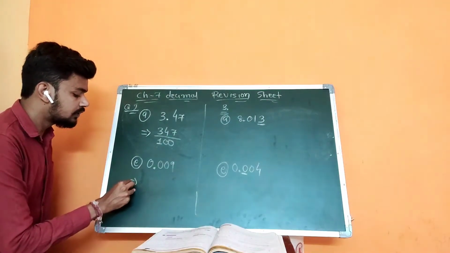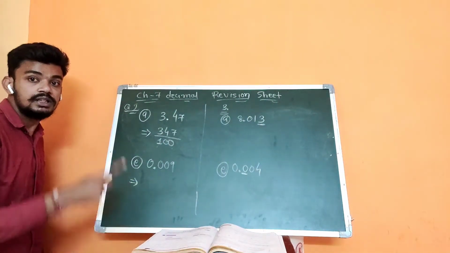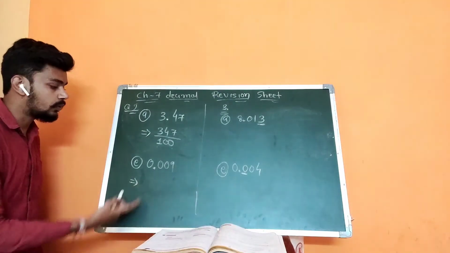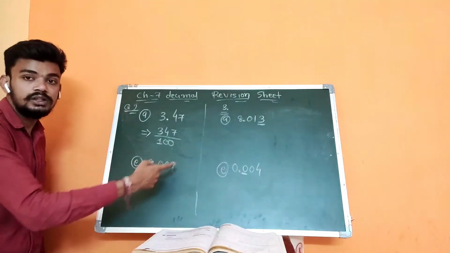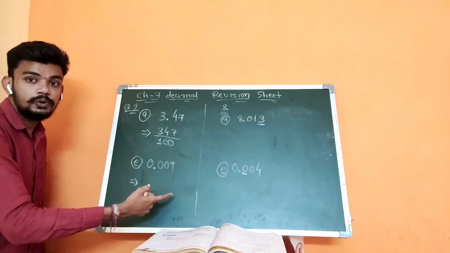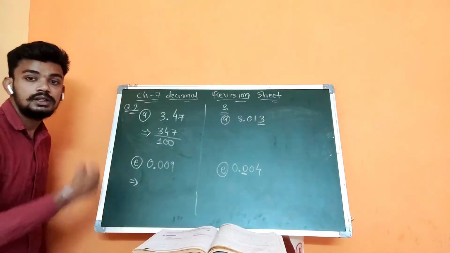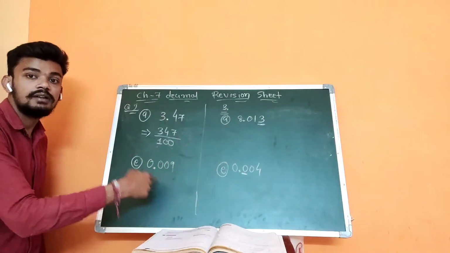Our first step: count the digits after the decimal point. Not all the digits, only the digits that are there after the decimal point.